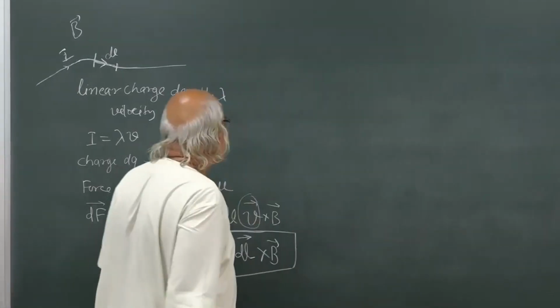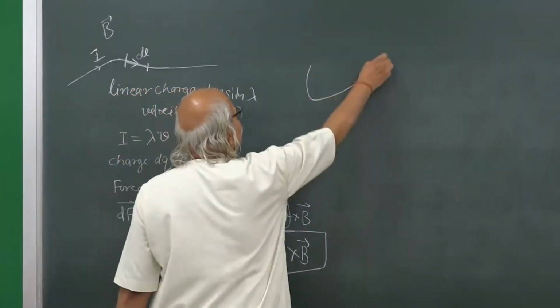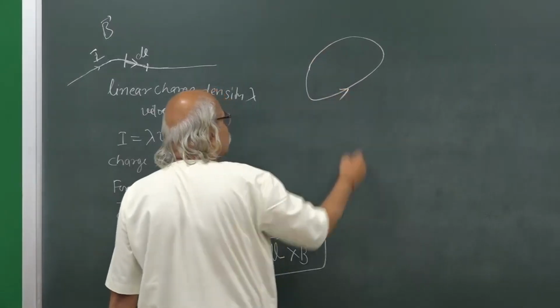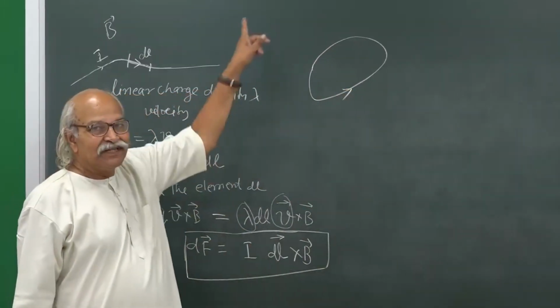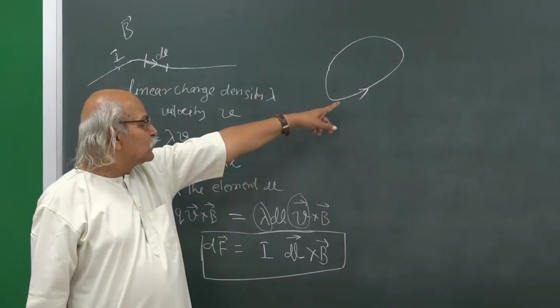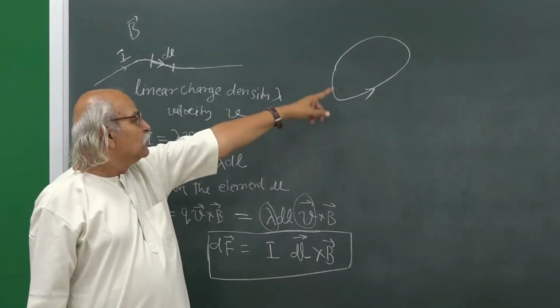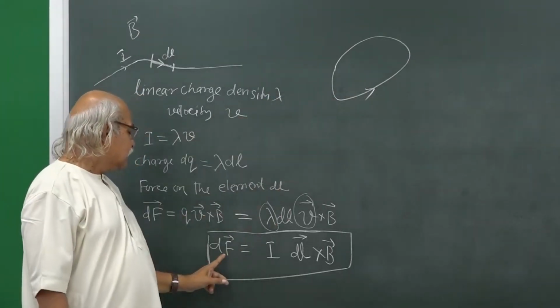For example, suppose you have a current loop, current is going on this loop, then the total force because of the magnetic field on this current, we can integrate.